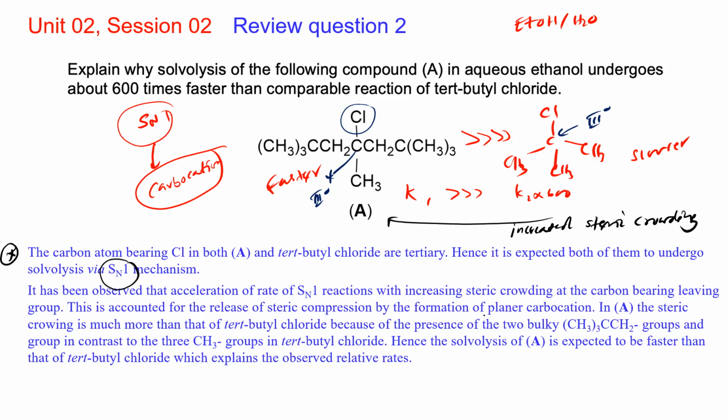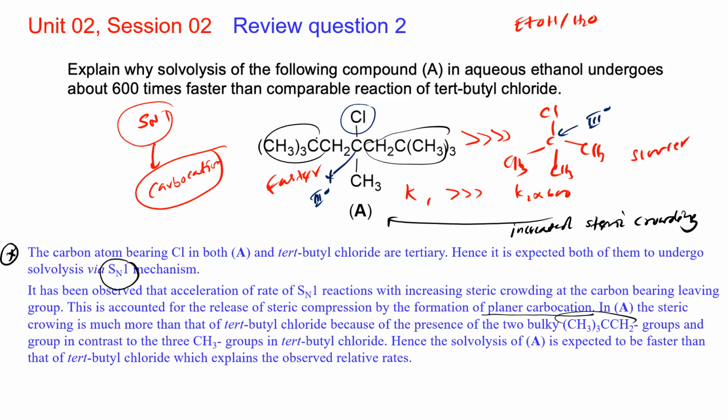So the planar carbocation is the driving force. Therefore, in A, steric crowding is much more than in tertiary butyl chloride because of the presence of two bulky groups.